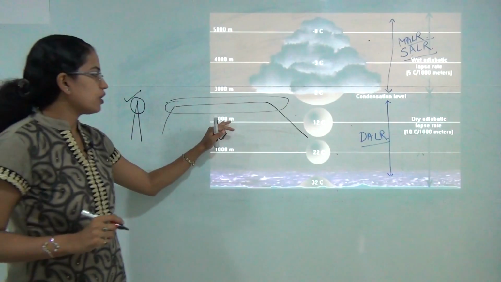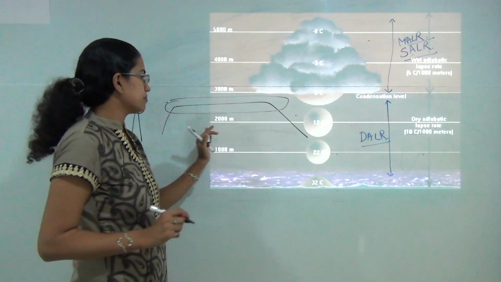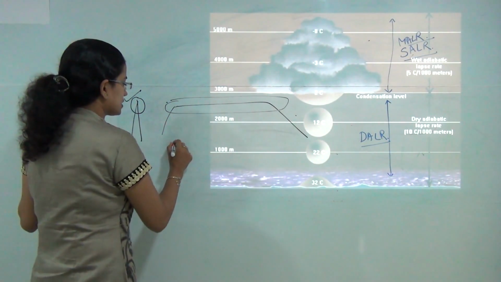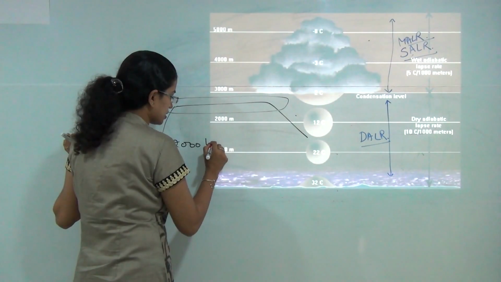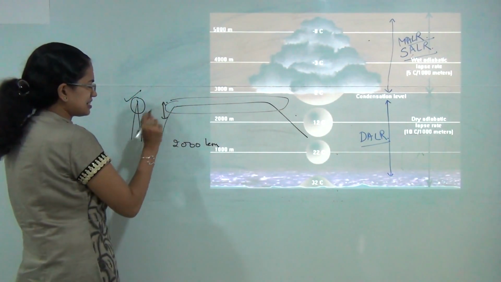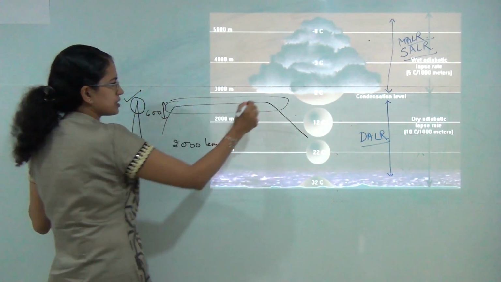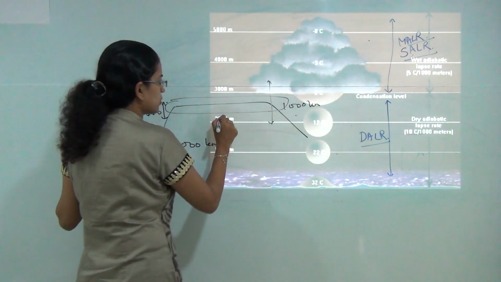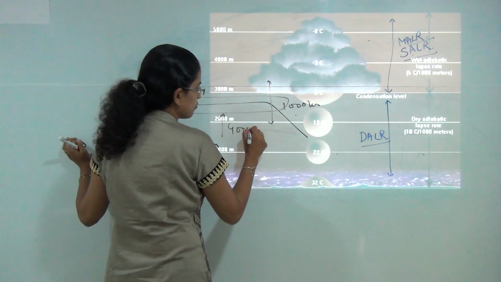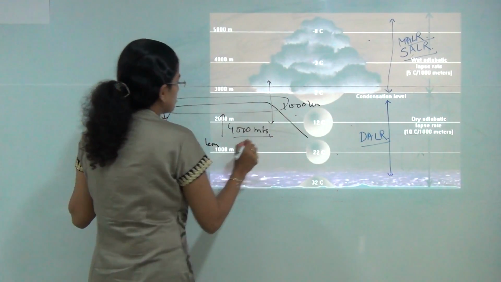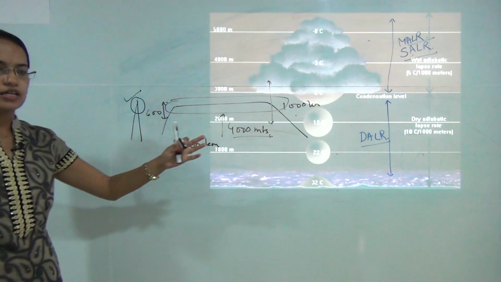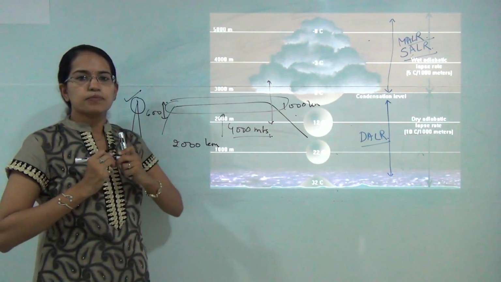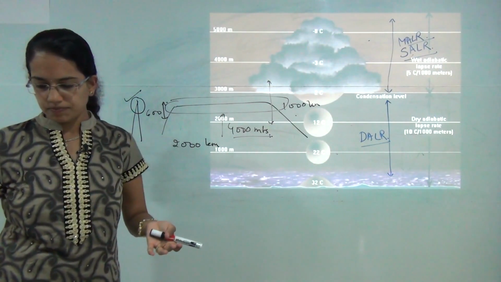Therefore, the role of the Tibetan Plateau is very important, because it extends for nearly 2000 kilometers. In the west it's around 600 kilometers, and here it has an extension of around 1000 kilometers, and it's located at an elevation of nearly 4000 meters and above. So this huge landmass affects the lapse rate of the region.